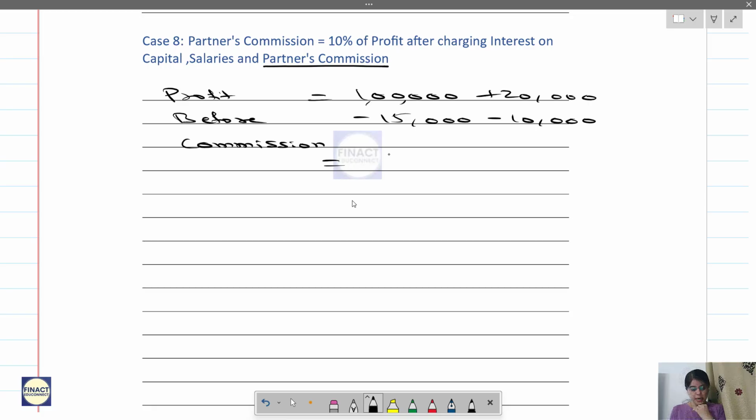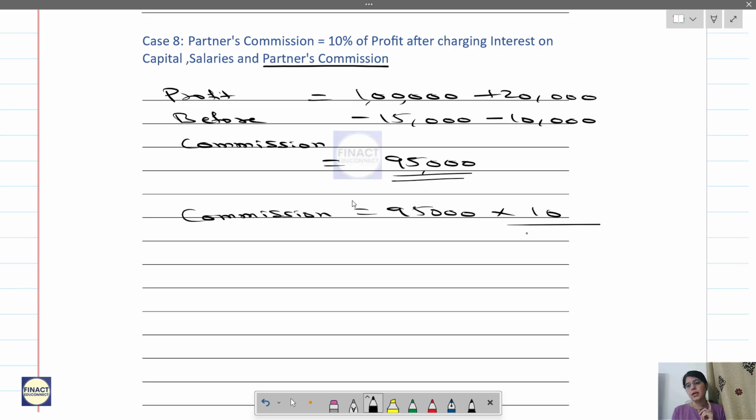So you get 95,000. And since it is after partner's commission, remember, commission will be 95,000 into 10, the rate, divided by 100 plus 10. So you get 95,000 into 10 by 110. So how much do you get?